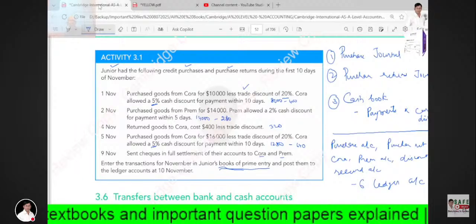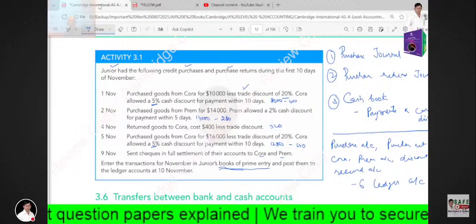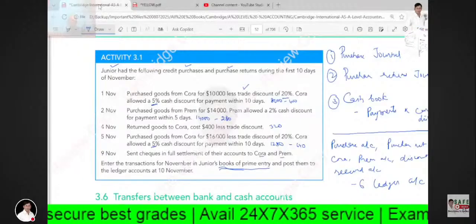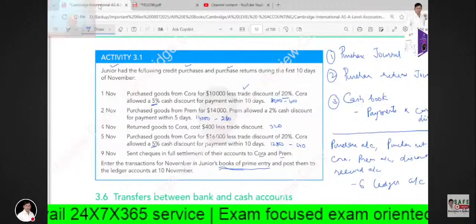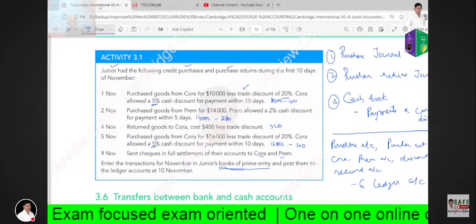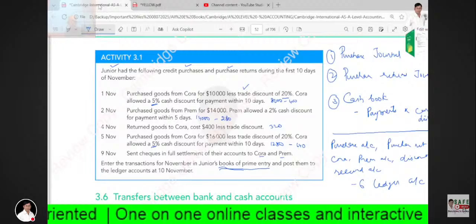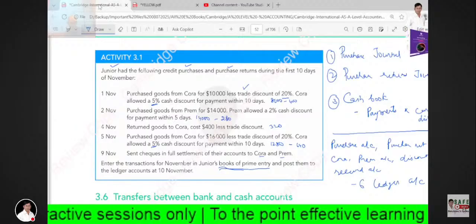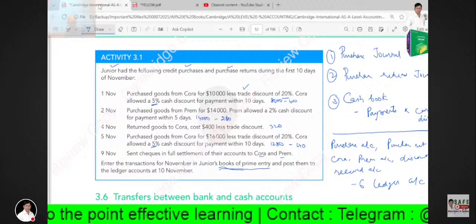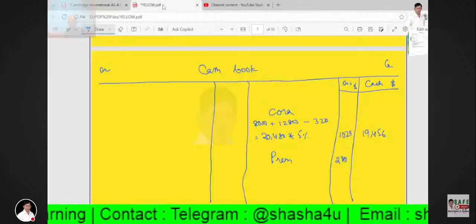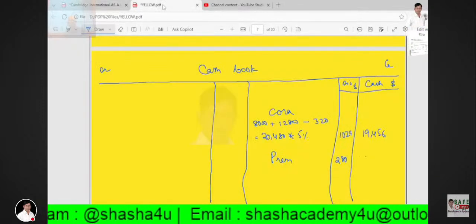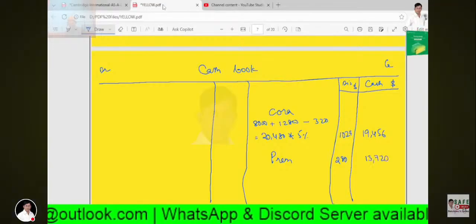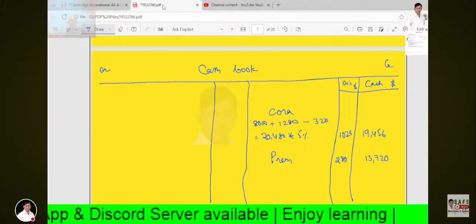Claim 14,000 minus 280 is 13,720. So you have to pay 13,720. So this is the amount you have paid to claim.